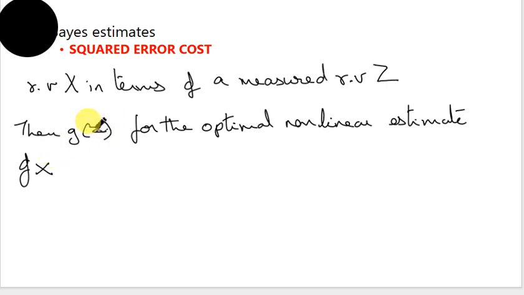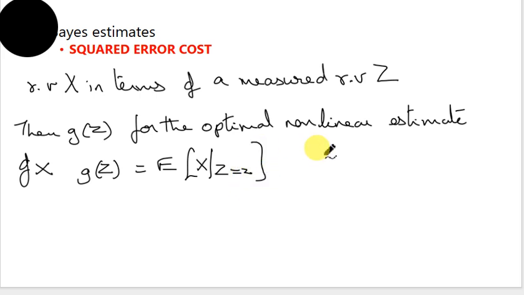is obtained as the conditional mean of X given Z. That is, I will have my g of Z is expectation of X restricted to capital Z equal to some small z, which is nothing but integral minus infinity to infinity x into p of x restricted to z dx.